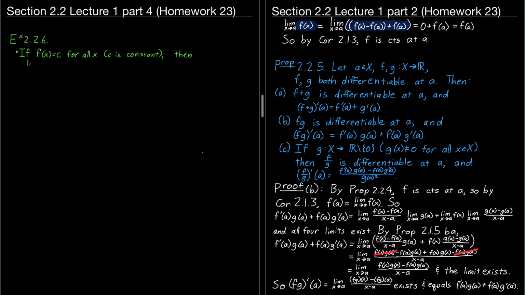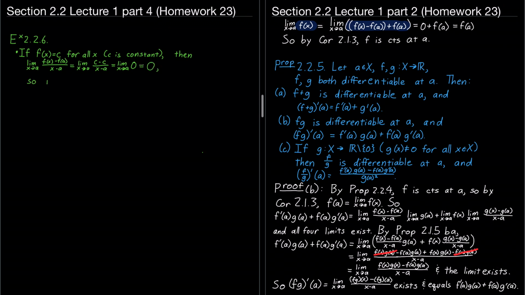the limit as x goes to a of f of x minus f of a over x minus a is the limit as x approaches a of c minus c over x minus a. And that function is 0 except when x equals a, and the limit of a constant is itself.